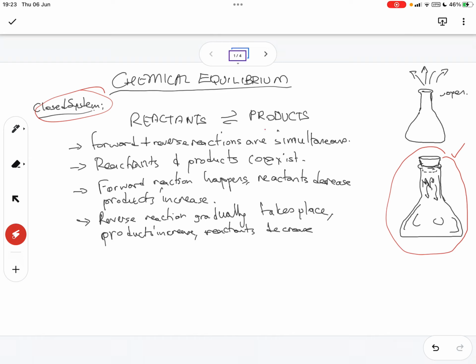As the reverse reaction gradually takes place, the products decrease and the reactants increase. Yes, I think I swapped the wording there. It should be reactants increase, products decrease, I believe.